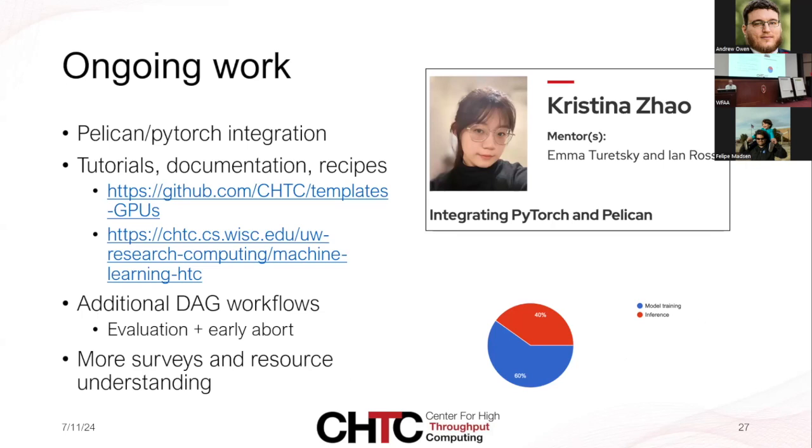We're also working on some additional DAG workflows specifically for driving some evaluation and early abort of training processes. Once we've reached the estimation power that we want, then just stopping the training early. And then again, we want to keep talking to our users and understanding what exactly they're doing and what their needs are.